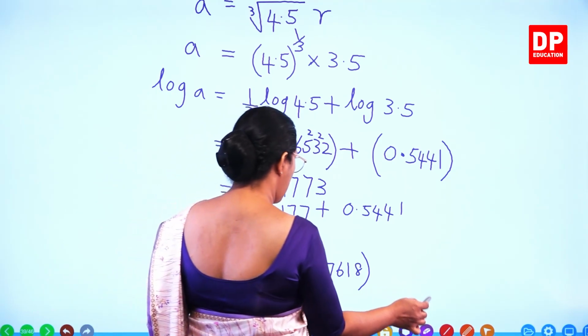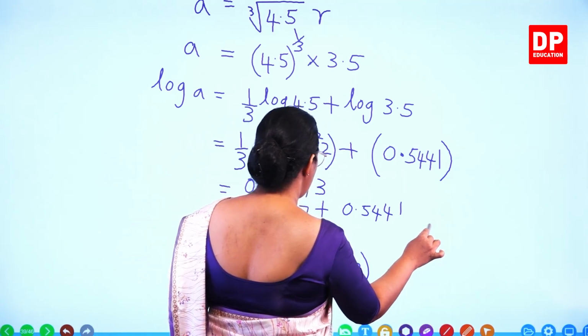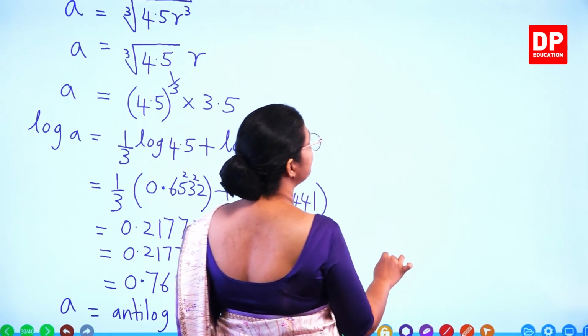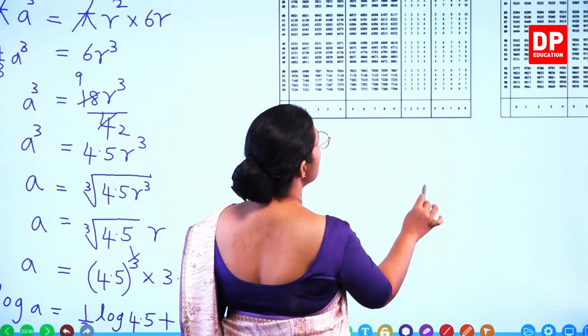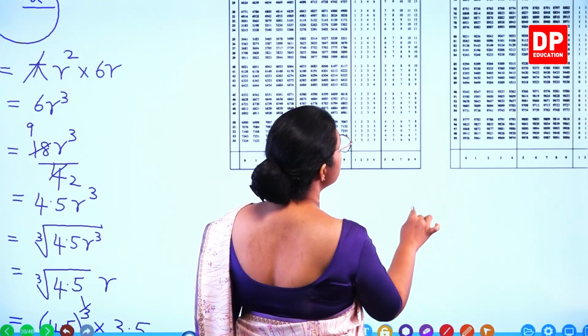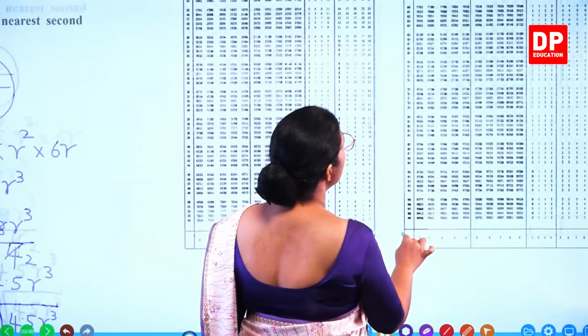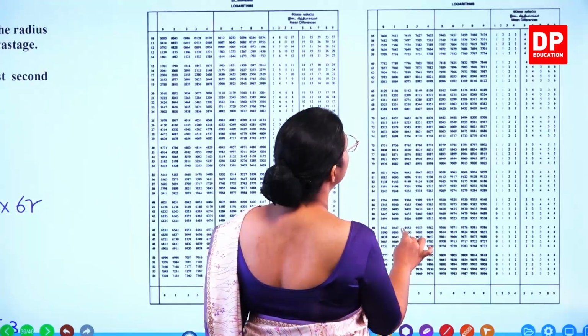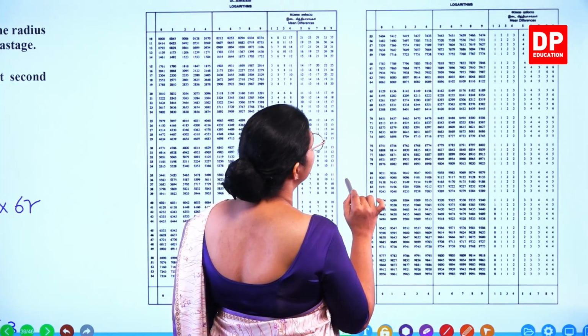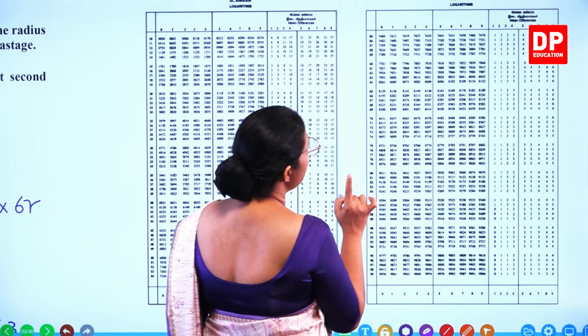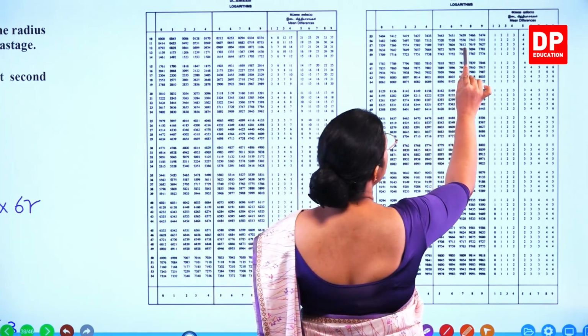So, refer to the table. 7618 in the second table. 19 is there. 2 is there.